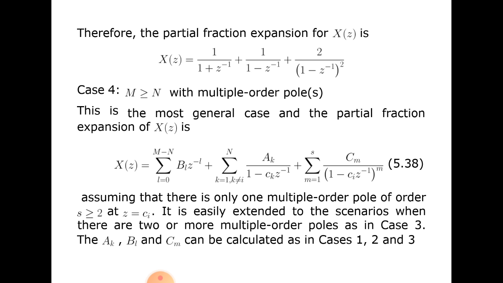It is easily extended to the scenario when there are two or more multiple order poles. In this case, the A_k, B_i and C_m can be calculated as in cases 1, 2, 3.